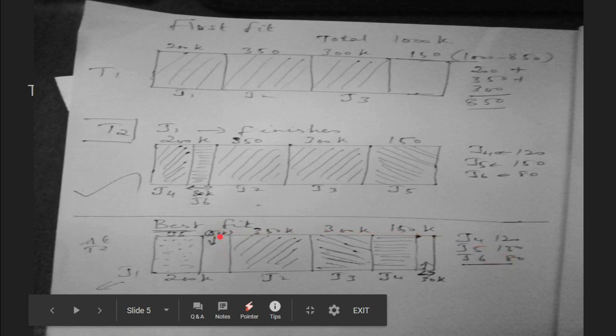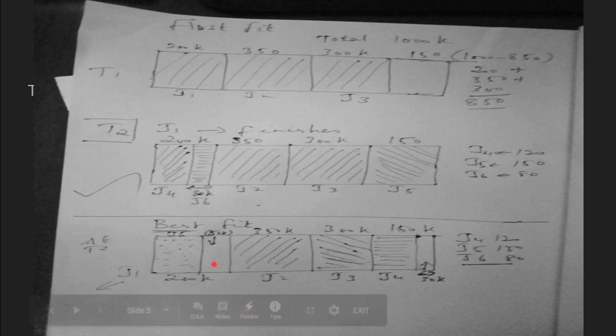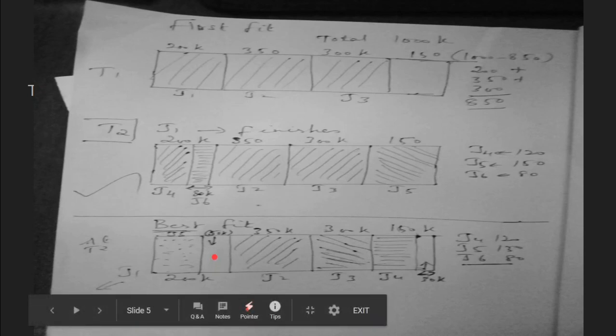So only the separated spaces remain. Only 50k and 30k are available. So J6 cannot be allotted the memory for now, because the process cannot be broken into pieces to allot, because it is a contiguous memory allocation scheme. So naturally J6 doesn't find any space.